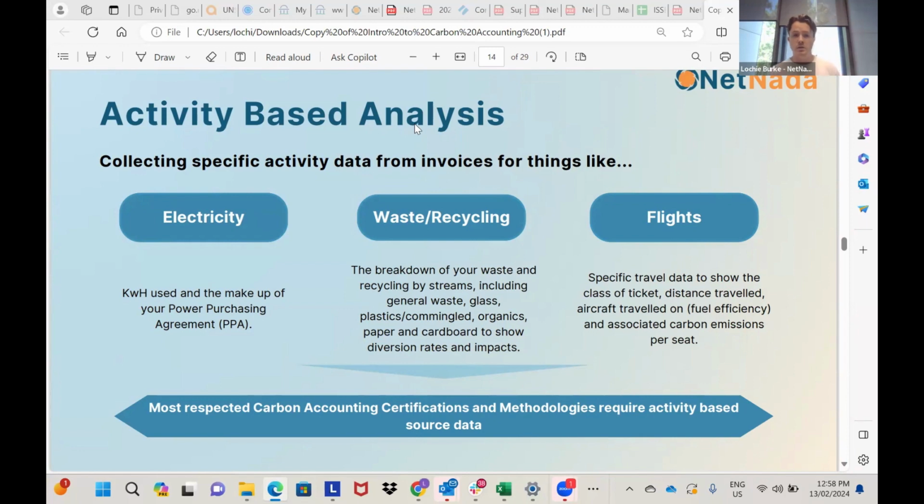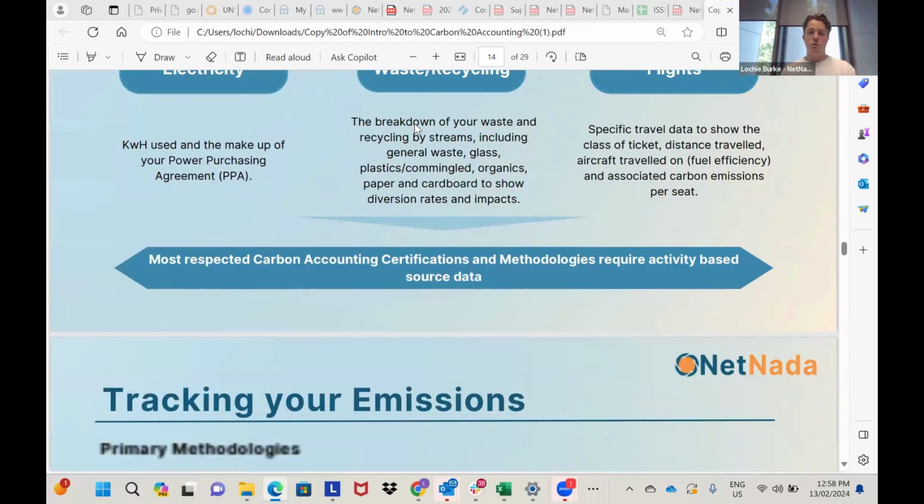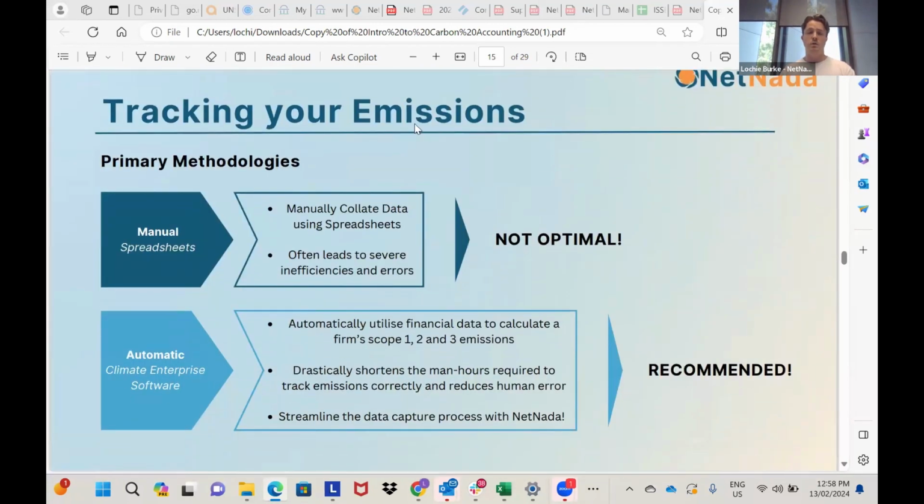And that's just your electricity. You've got gas as well. You've got waste and recycling, flights. You've got your employee commuting. You've got all these different places where the data may come from. So while it is more accurate, it can be a more heavy process, is probably the best way to put it. But we really believe that the combination of these two puts you in best practice to make sure that your emissions analysis is as accurate as possible.